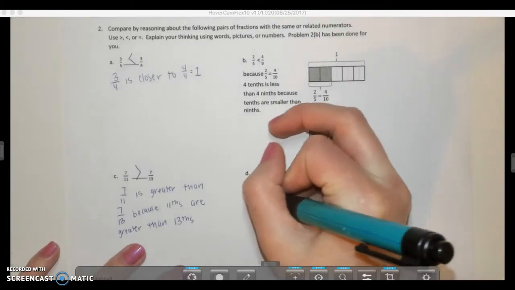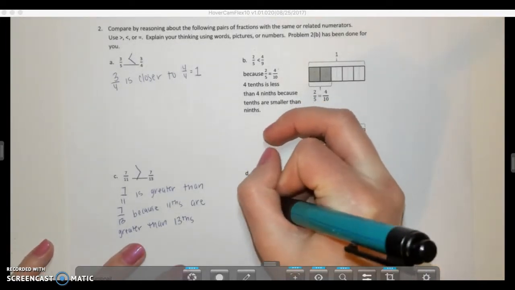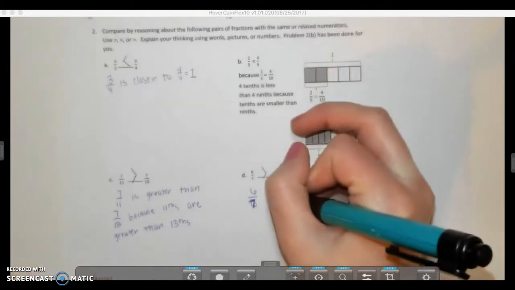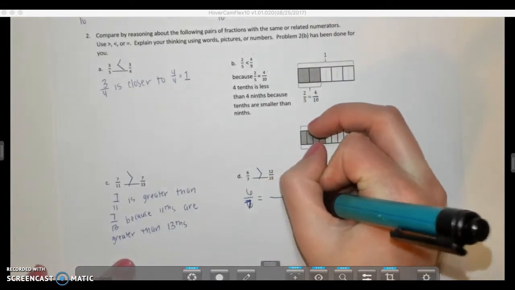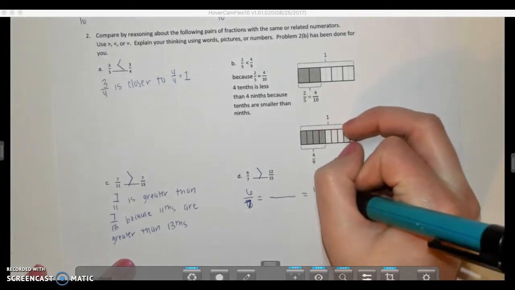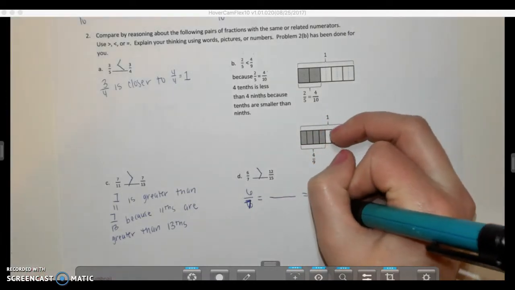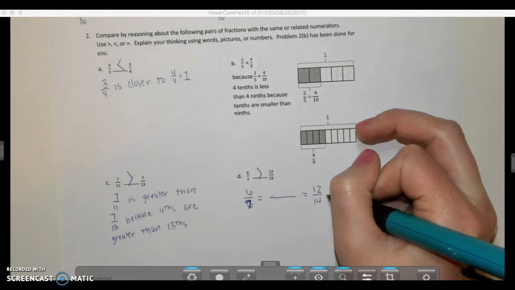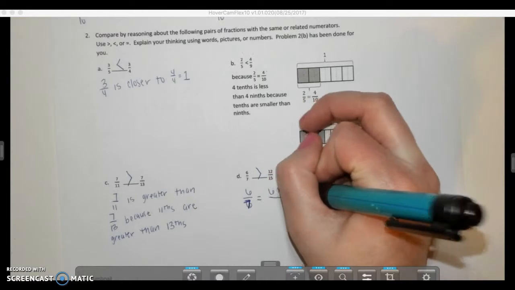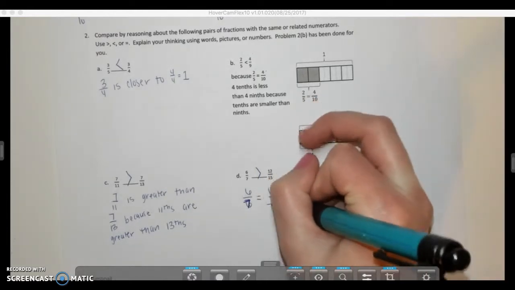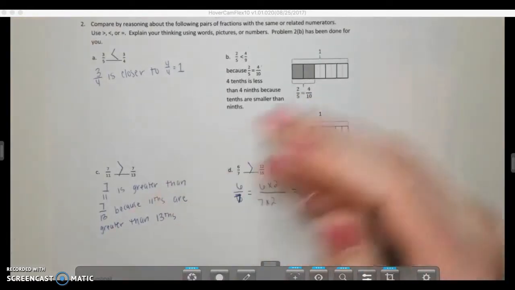So 6/7, we're going to compare 6/7 with 12/14. 6 times 2 equals 12, and 7 times 2 equals 14.